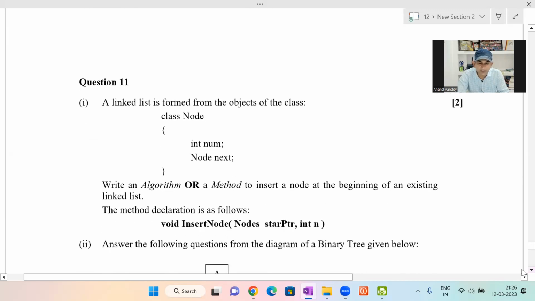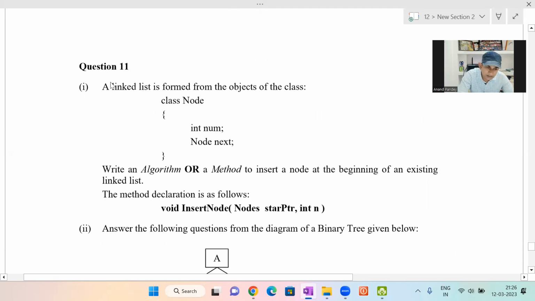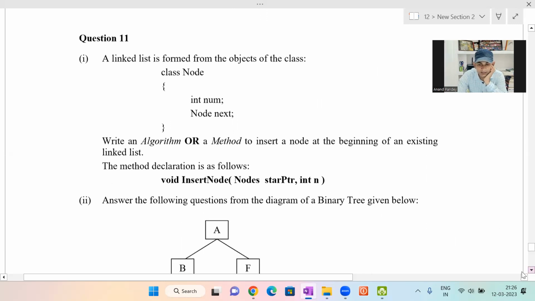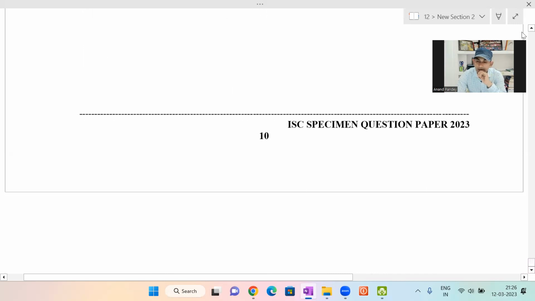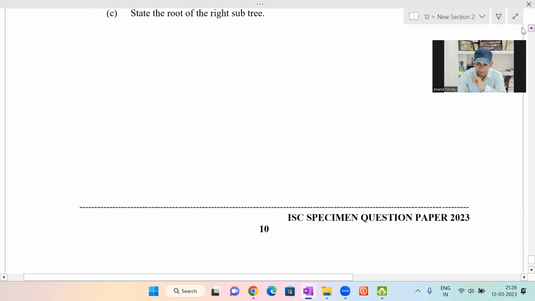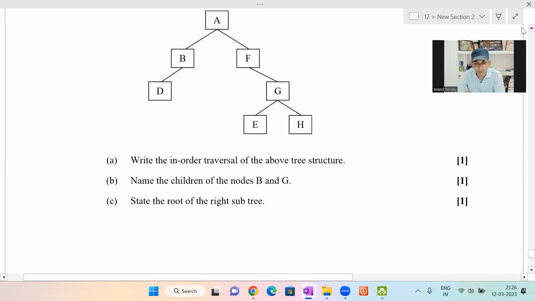In question number 11, the last question, the linked list program algorithm is a bit of an obstacle. If you are a good student and prepared for this, good. But in my view, the programs of inheritance and stack and queue are easier than this.